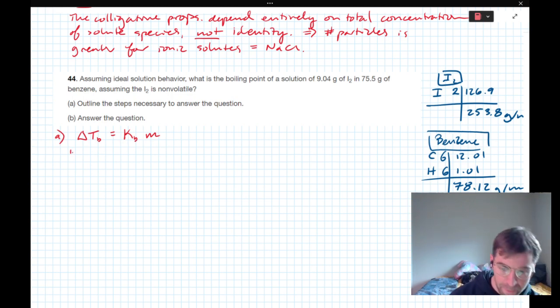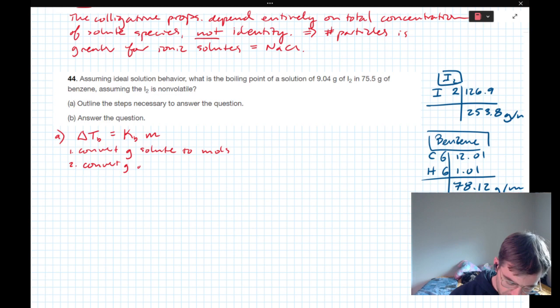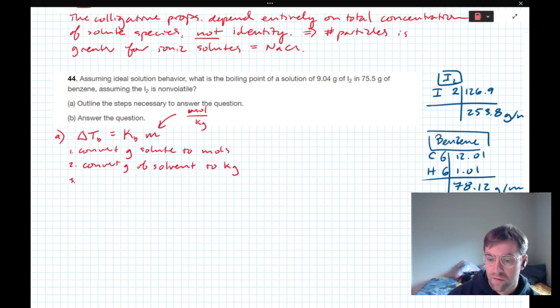So to get our answer, we first need to convert grams of solute, or mass of solute, to moles. And grams of solvent to kilograms. Moles per kilogram gives us our molality.